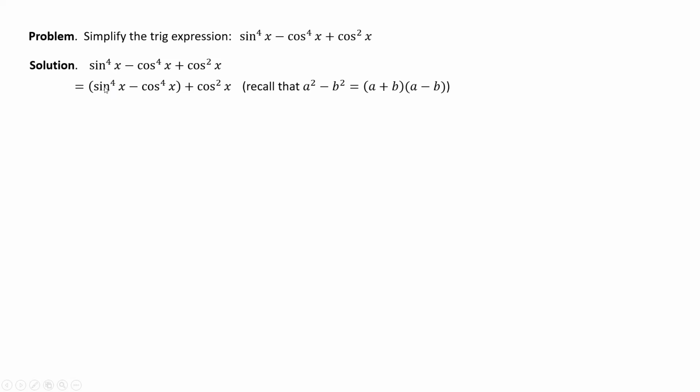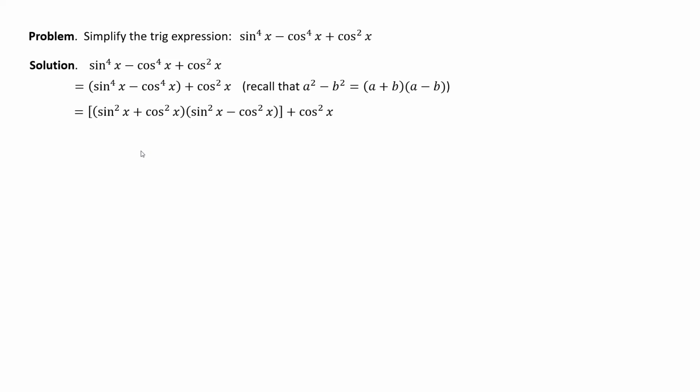That actually becomes p square square, which is a square. So that simply becomes a square. Similarly, q to the 4 becomes b square. So this is in fact sine square x, the quantity square, minus cosine square x, the quantity square. Right? And so we can certainly write this as sine square x plus cosine square x times sine square x minus cosine square x, and leave this plus cosine square x alone.